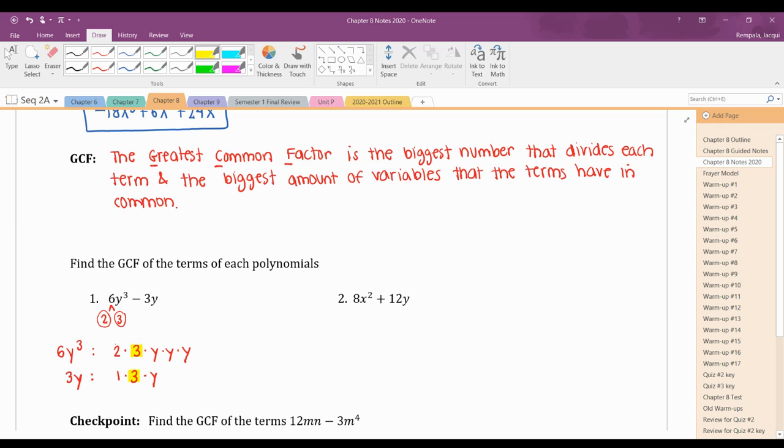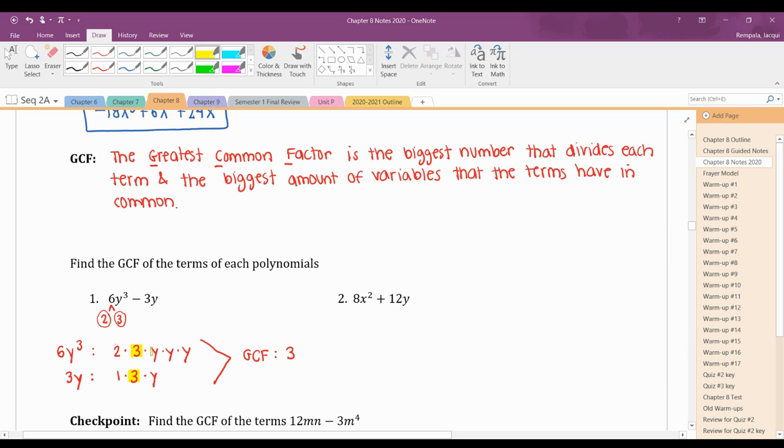So when they have something in common, I know that that's going to be a part of the GCF. Now, because I don't have any other numbers that they both have in common, the only number that I highlighted was a 3. I don't write that 3 twice. It's 1 3 on the top and it's 1 3 on the bottom because they have 1 3 in common. So my GCF is going to contain a 3. Once I've taken care of the numbers, now I look at the variables.